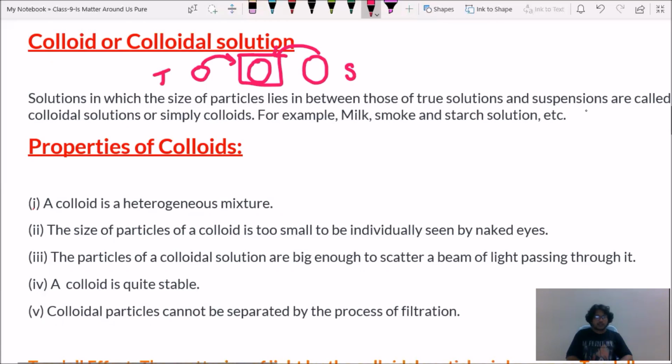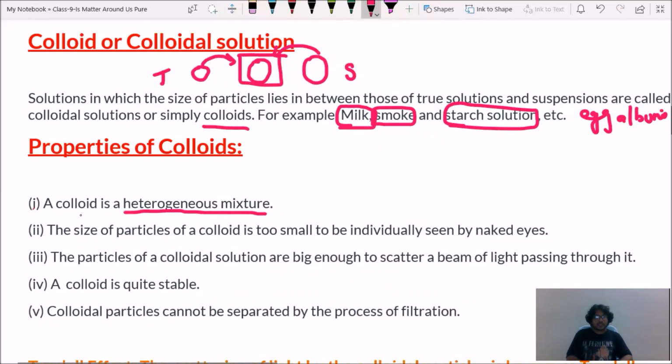Colloidal solutions are simply colloids. For example, milk, smoke, starch solution, or you can take the example of egg white, that is egg albumin, etc. First of all, colloidal solutions are heterogeneous mixtures, but they appear to be homogeneous.